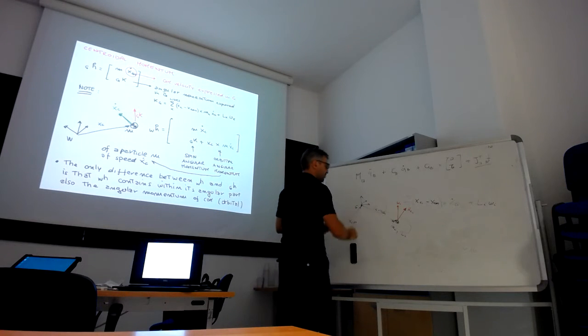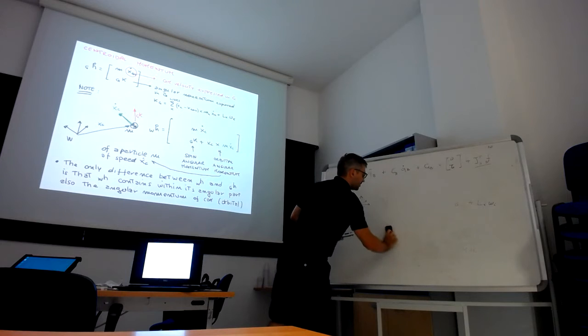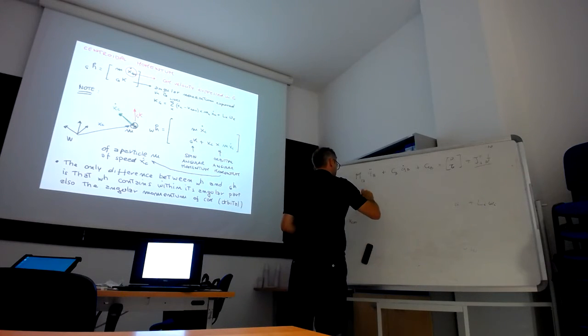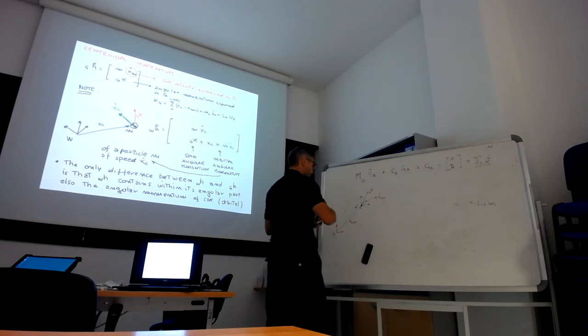So now that we map everything into COM, we get the kg, and we have the velocity of the central mass, and we have the total mass of the robot.